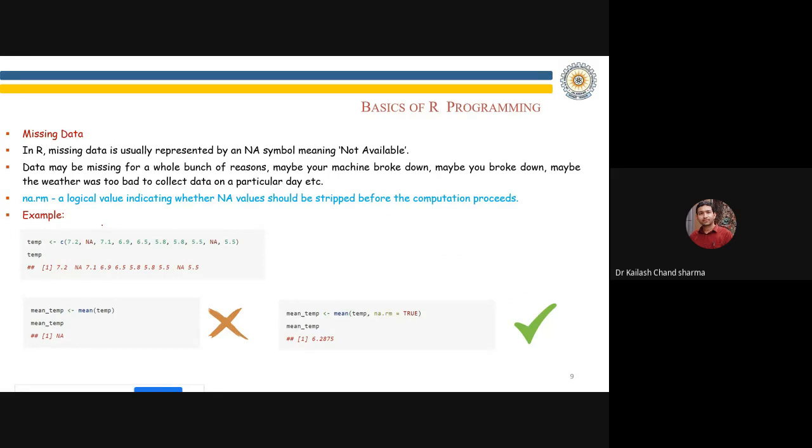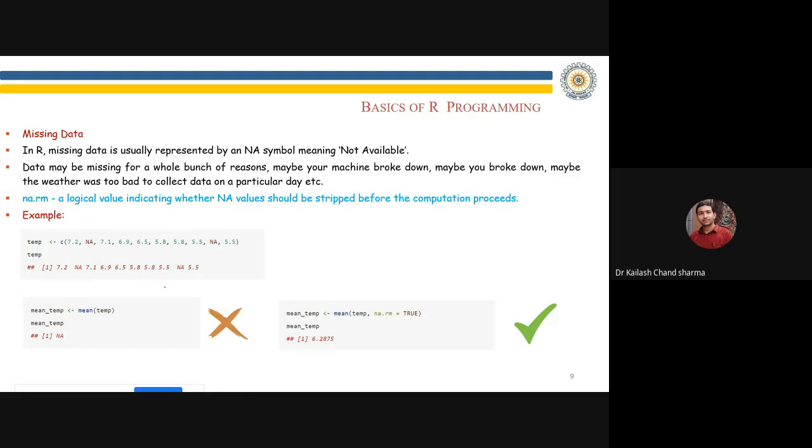This is also important. Sometimes in the data set we have some missing values, denoted by NA, not applicable, or something else. If your data set has a missing value and you are calculating the mean value or performing some mathematical operation, it shows the output as NA. So how can we avoid this type of missing value, and separate the missing values?